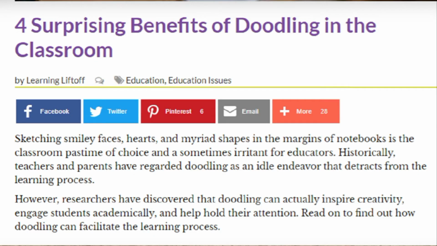According to Learning Deep Thought, from its article 4 Surprising Benefits of Doodling in the Classroom, historically, teachers and parents have regarded doodling as an idle endeavor that detracts from the learning process. However, researchers have discovered that doodling can actually inspire creativity, engage students academically, and help hold their attention.